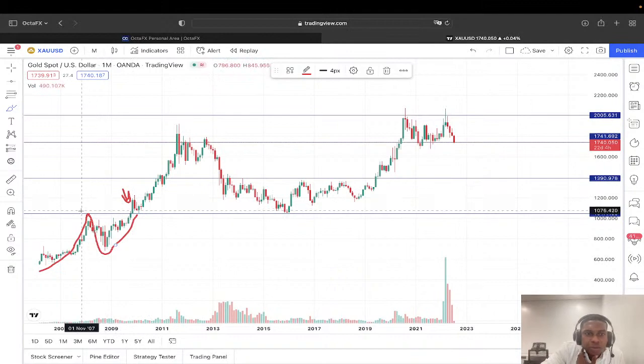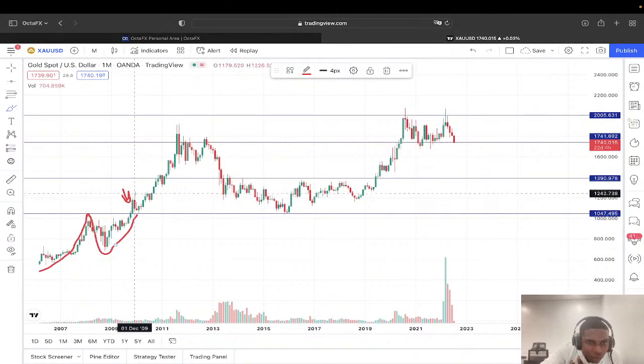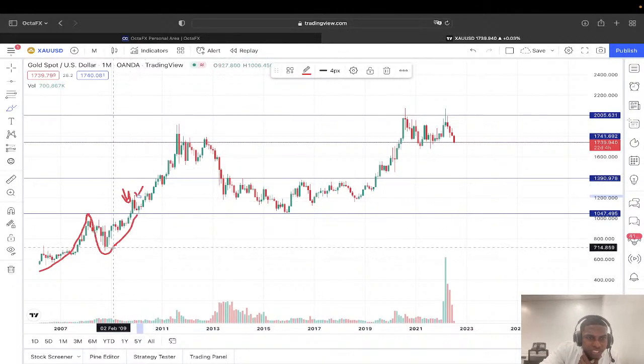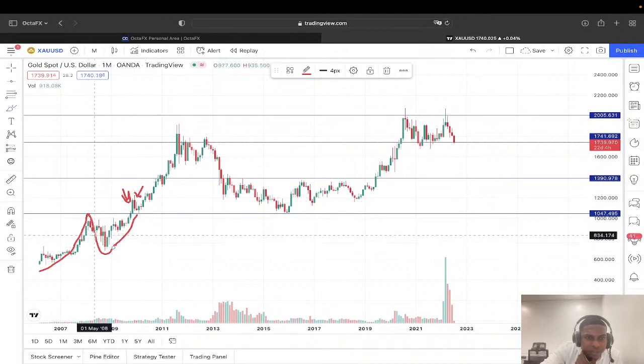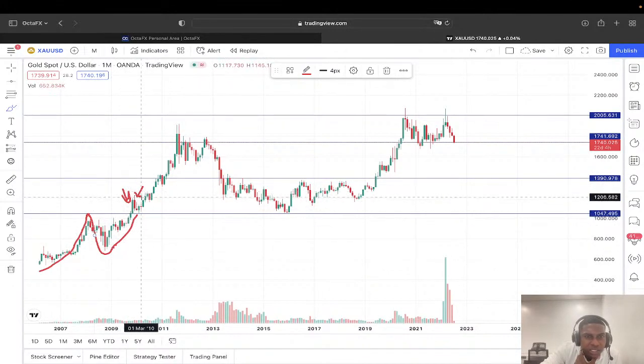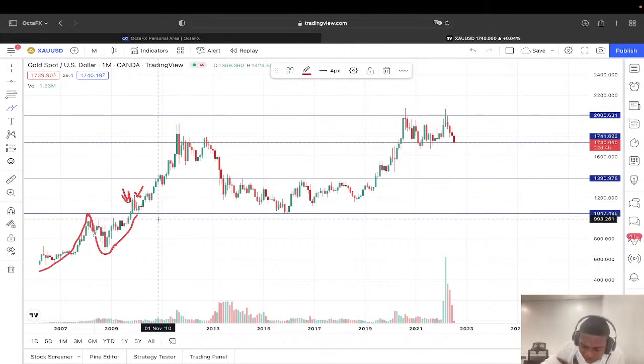It broke out of this resistance level. And what followed next? Look closely. A bearish candle followed next. That is what is called pullback.